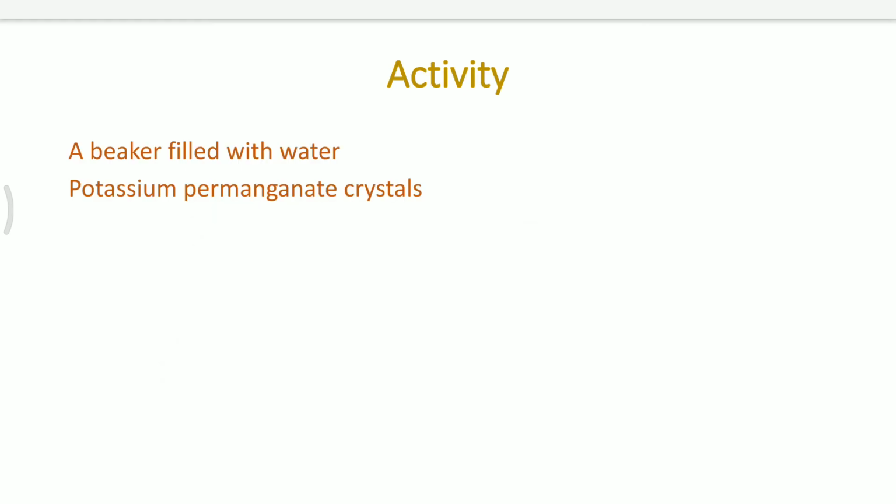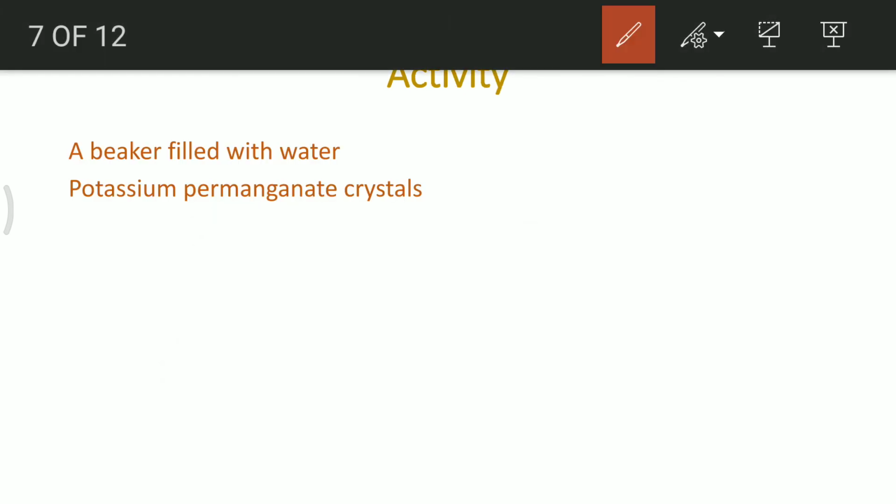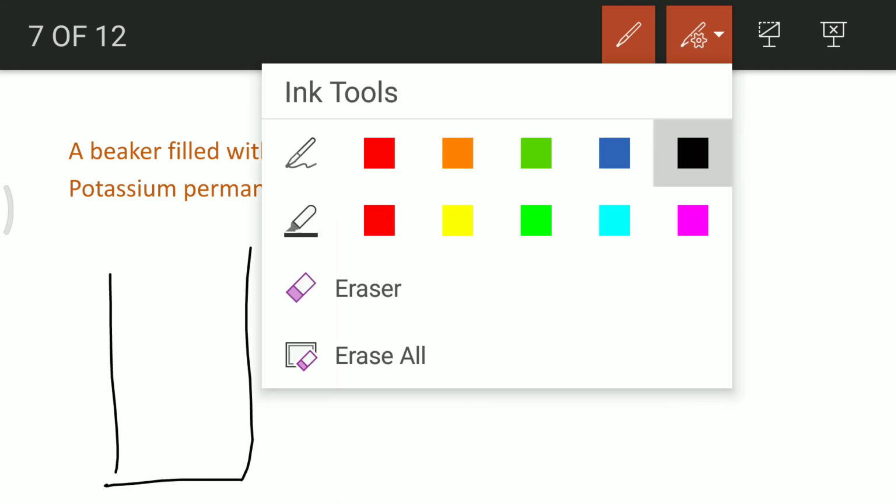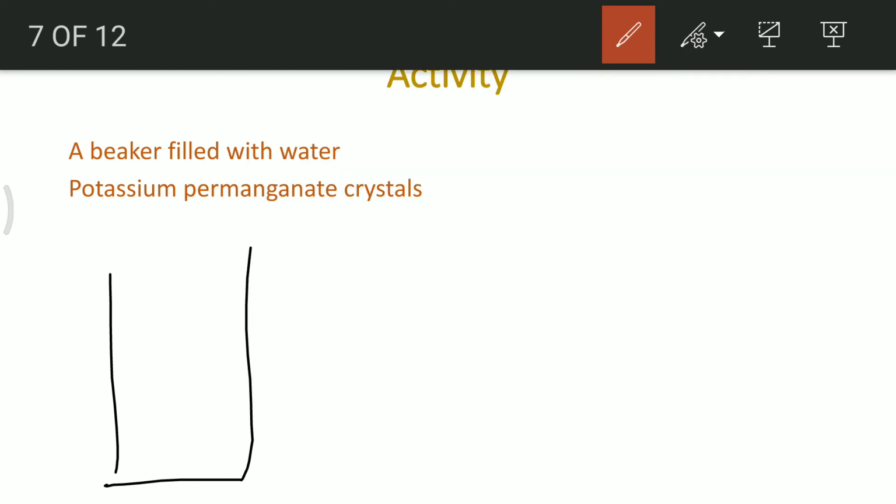Now, in order to understand this, you can think about an activity in which you have been given a beaker, and in the beaker you have added a few crystals of potassium permanganate. This entire beaker is filled with water. As the beaker is filled with water, you can imagine that these crystals will start diffusing.